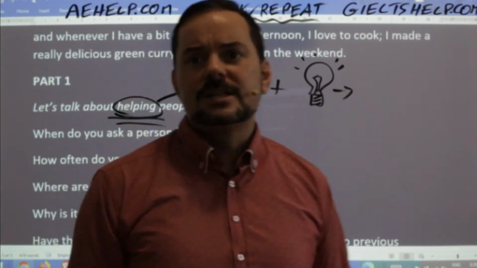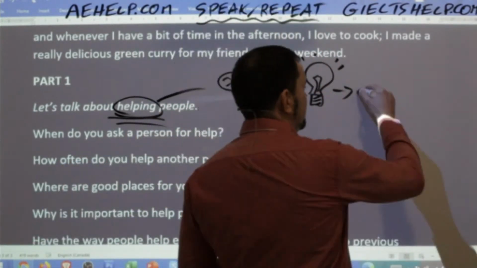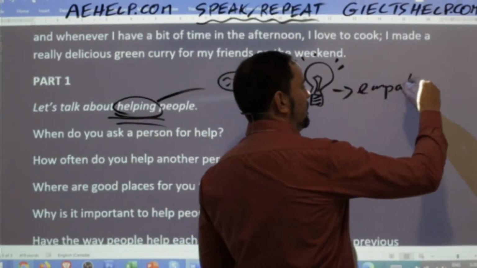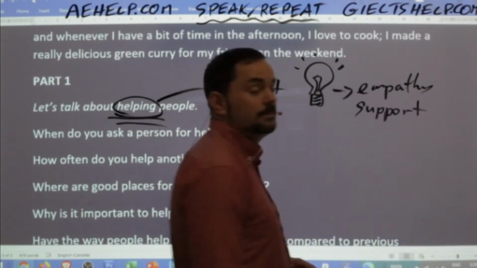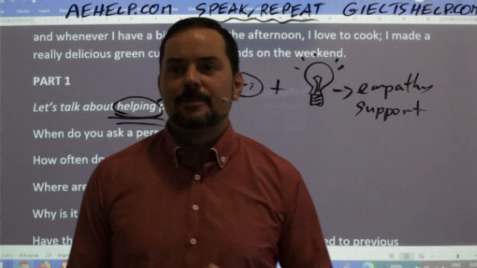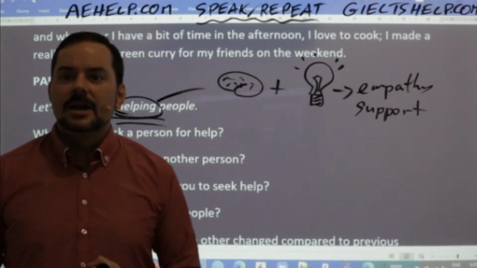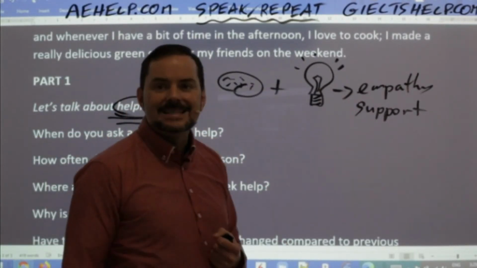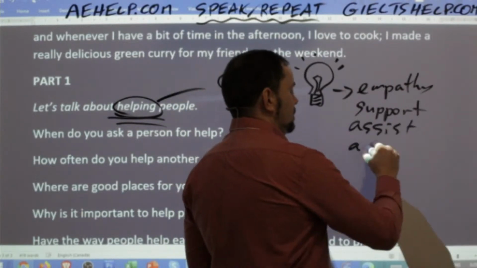Okay, so Janelle says support. Honey says empathy. Okay, empathy, support. Yeah, those are good words, right? So immediately these words should be rushing through your mind. Mark, you're very welcome. Okay, assist, advice, Danya, very good. So assist, advice.